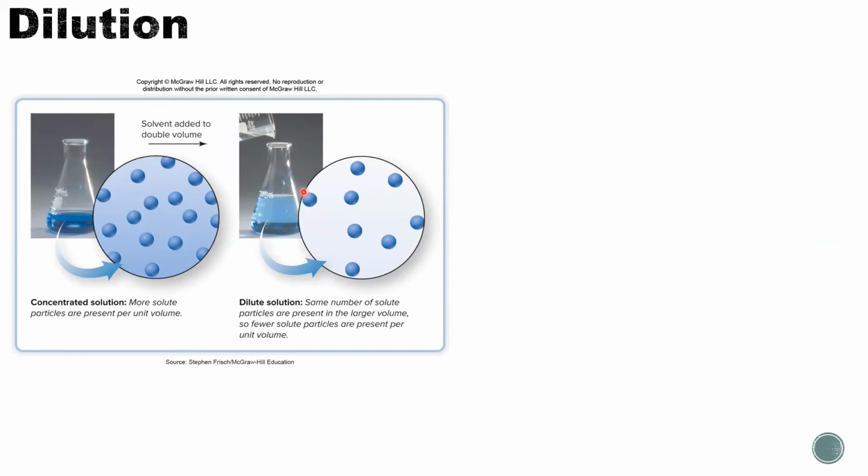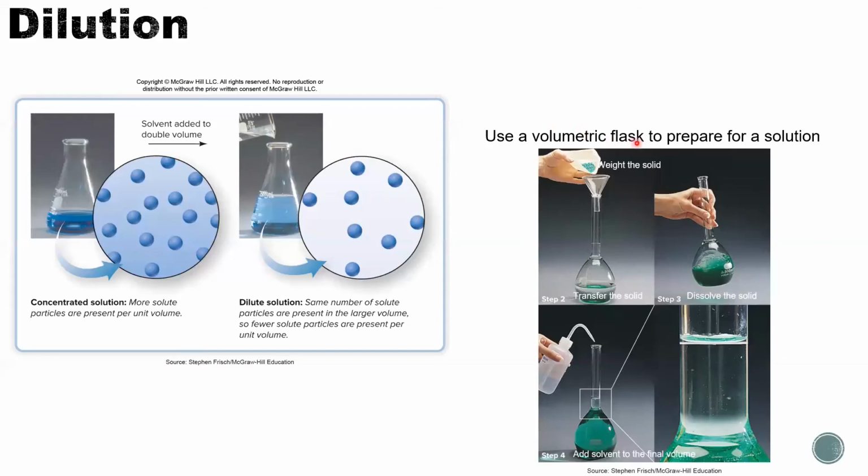In experimental chemistry, we can use a volumetric flask to prepare a solution with a designated concentration. So again, if we want to know the designated concentration, we can choose a volumetric flask with specific volume. So now the liters of solution is fixed.